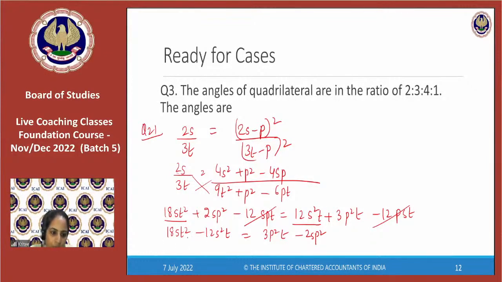So we take out 6st common from here. This is (3t minus 2s) to be equal to p square taken out common, (3t minus 2s). This and this cancels out. So your answer is p square is equal to 6st.